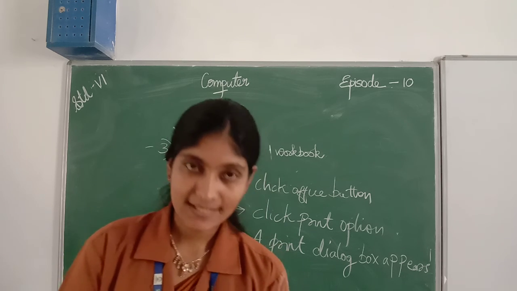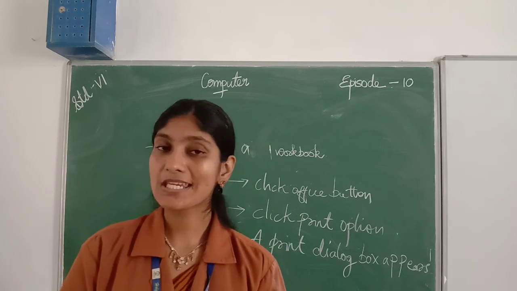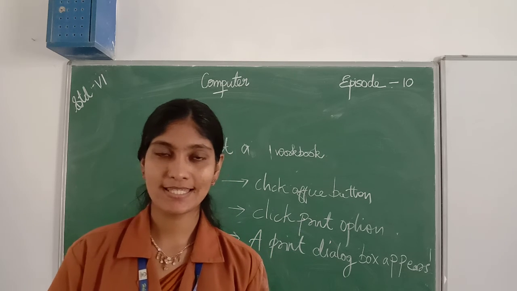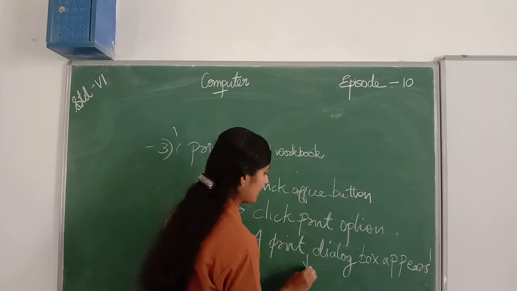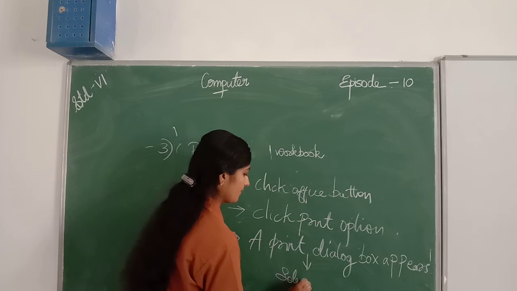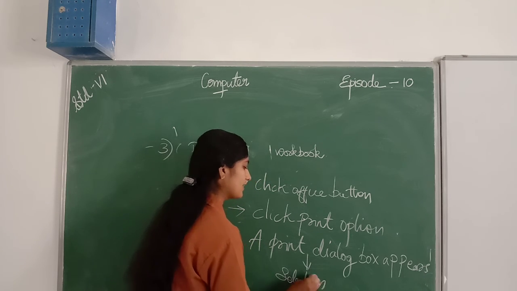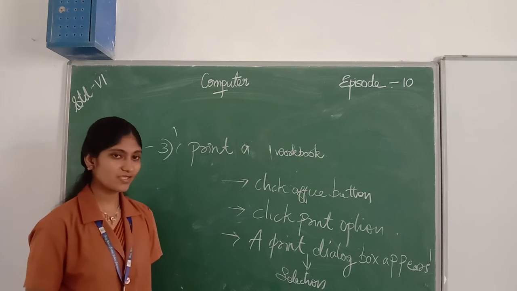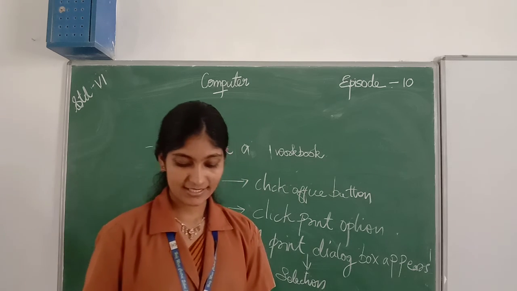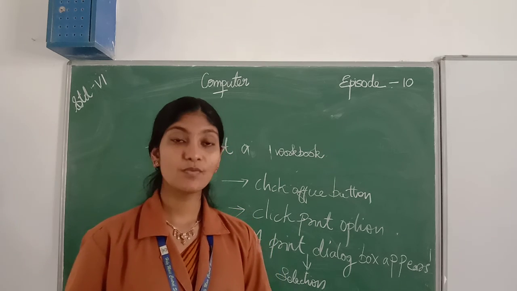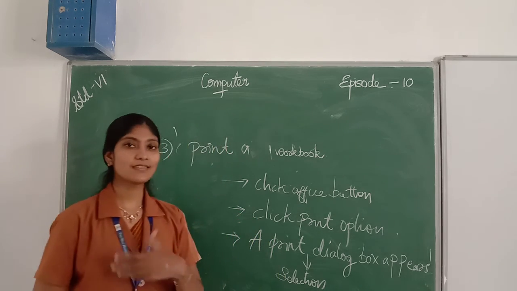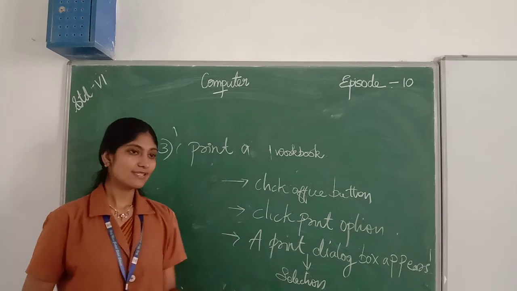Selection enables you to print a selected range. Second one is active sheet, to print the current active worksheet. And third one is entire workbook, means printing the entire workbook.